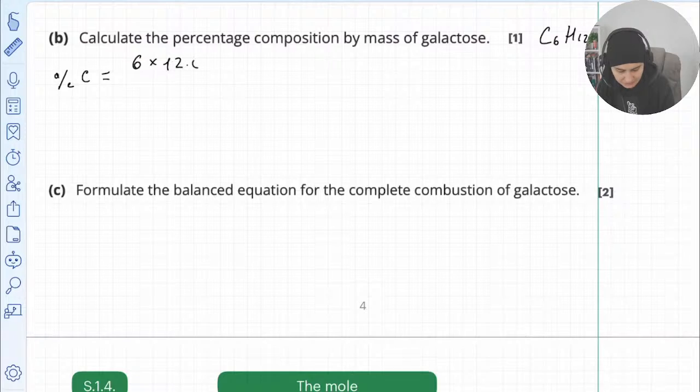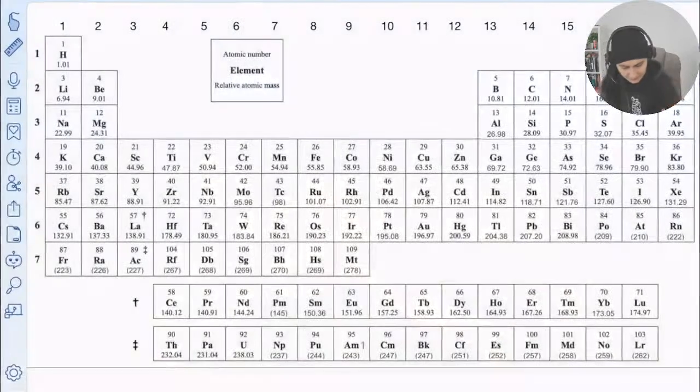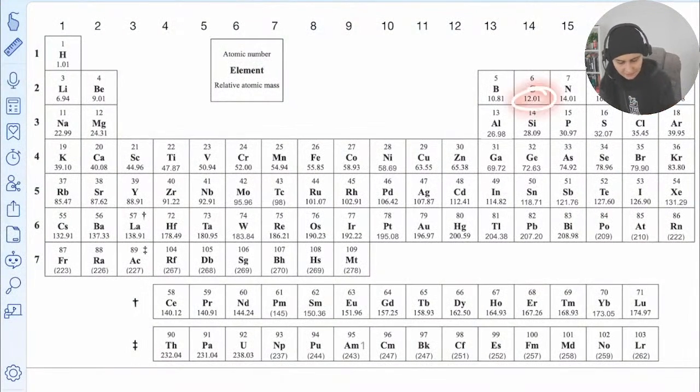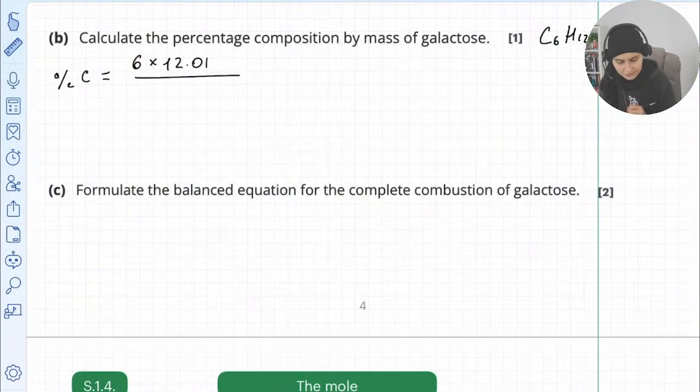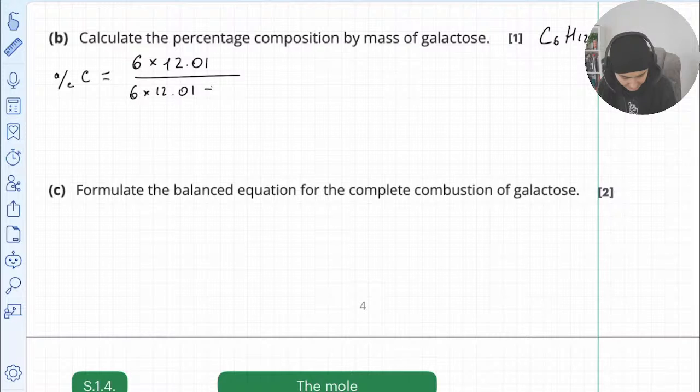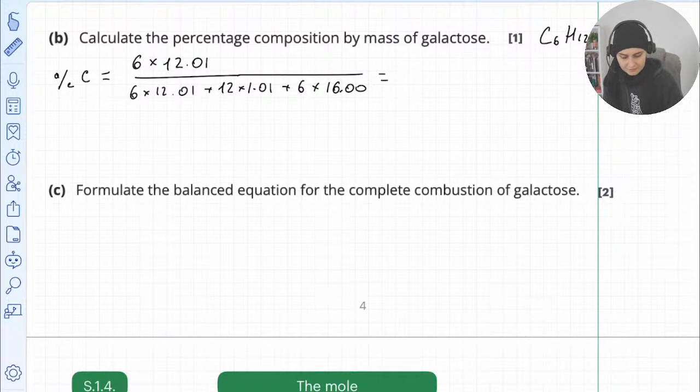So I do 6 times 12.01, that's the carbon, divided by the total molar mass. I'll just calculate it once: 12 times 1.01, that's hydrogen, and 6 times 16, that's oxygen. And times 100%.